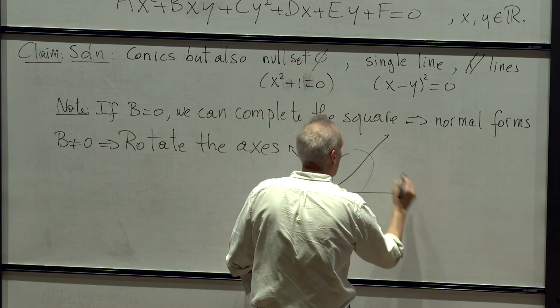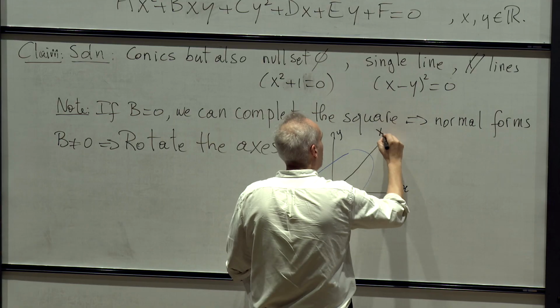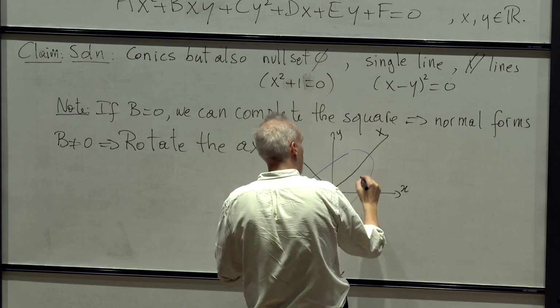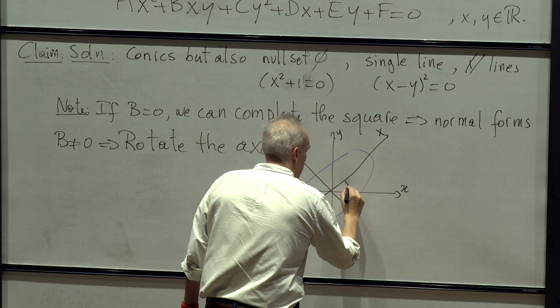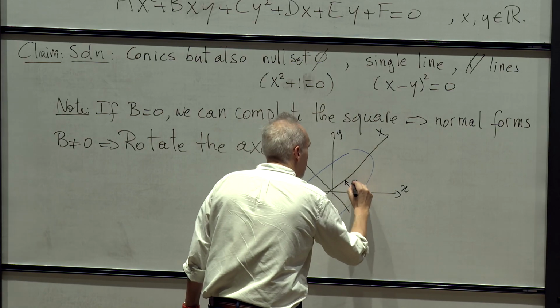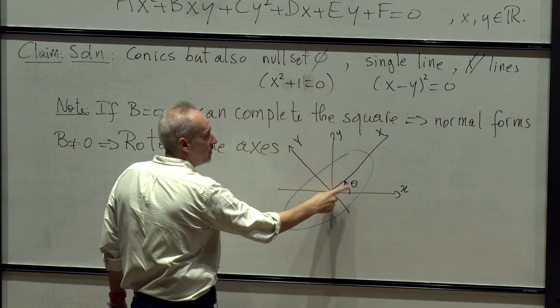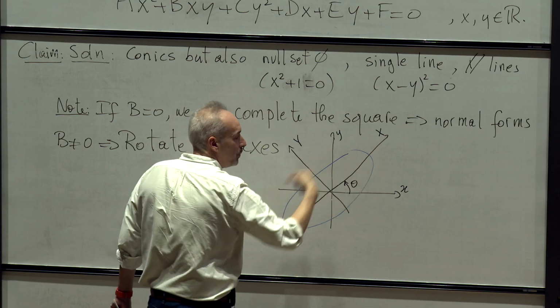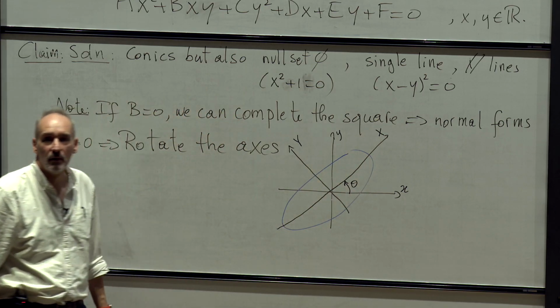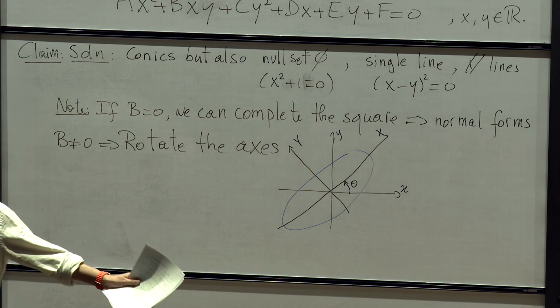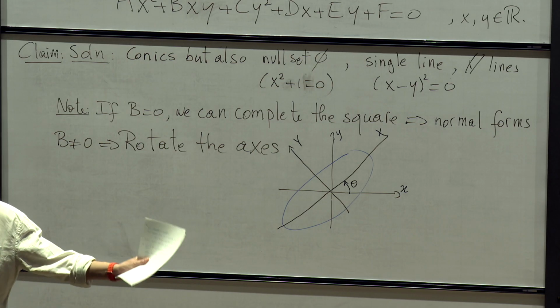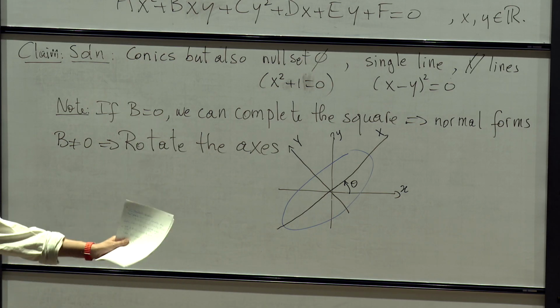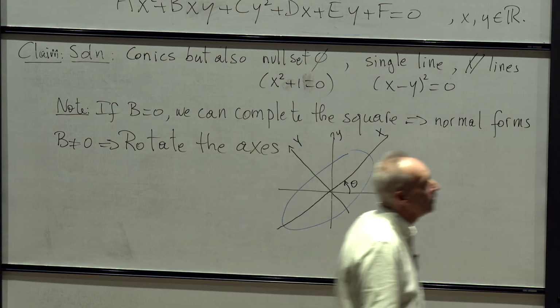So this is little x, little y, and we want to rotate to big X and big Y. We want to rotate the axes so that, expressed in these new axes, the ellipse is along the main axes. And I know that as soon as the axes of the ellipse coincide with the axes of the coordinates, I'm in a normal form.